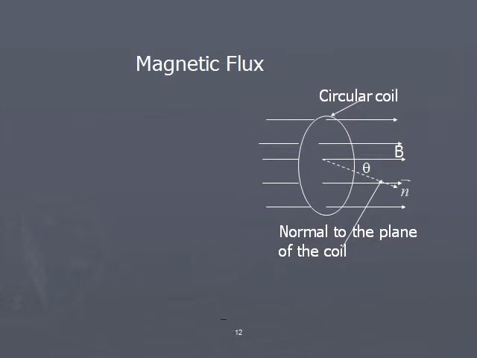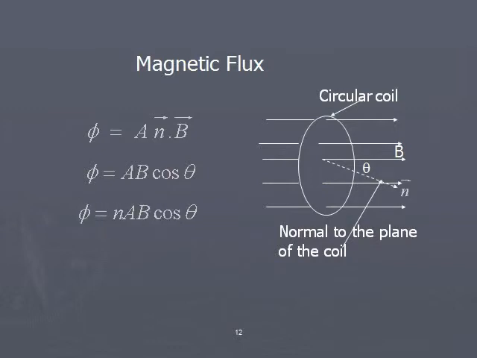That is, the dot product of the area vector and magnetic field vector gives the magnetic flux. That is equal to AB cos theta, because we know that dot product is given by cos theta. So phi is equal to AB cos theta.